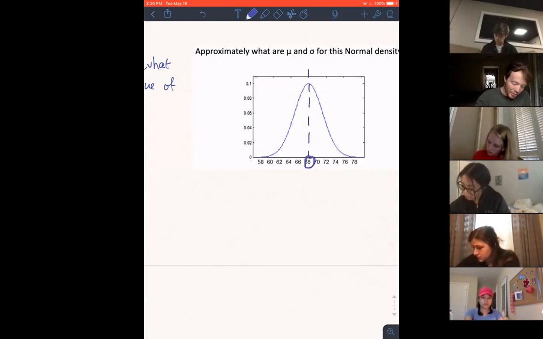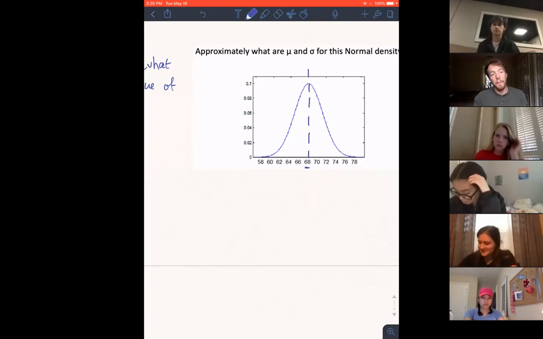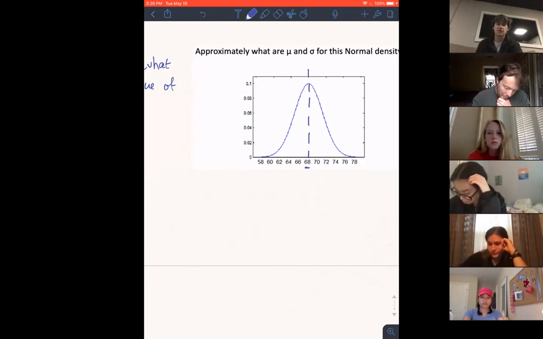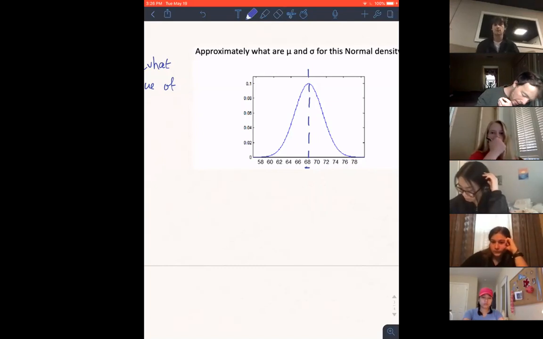Now, this one's a harder question. Can anyone give me an idea of what the standard deviation would be here? I think just to approximate, the standard deviation could be 4. Okay, so the way we want to look at it is we want to look about where the inflection points are.